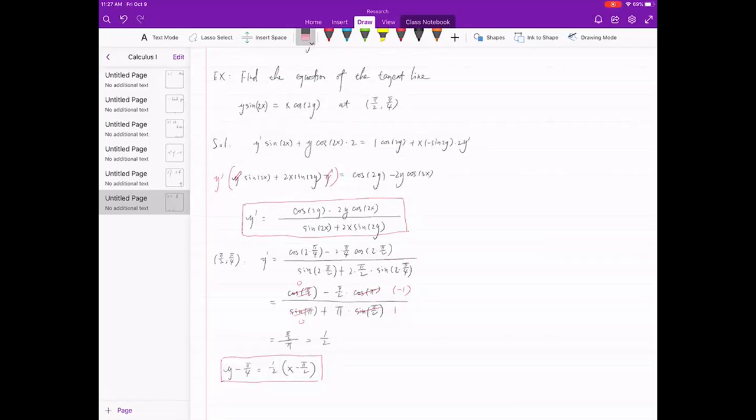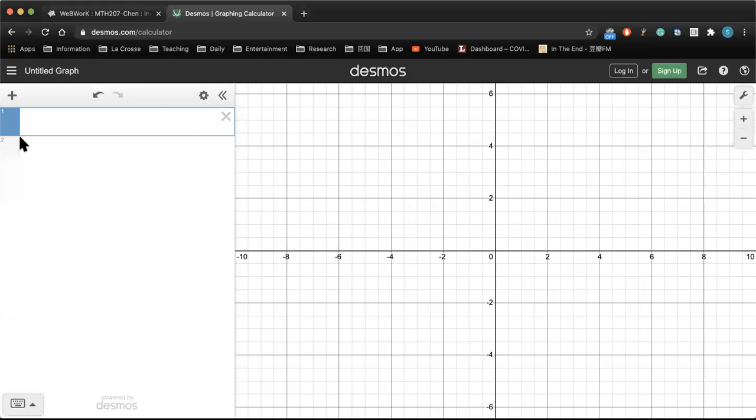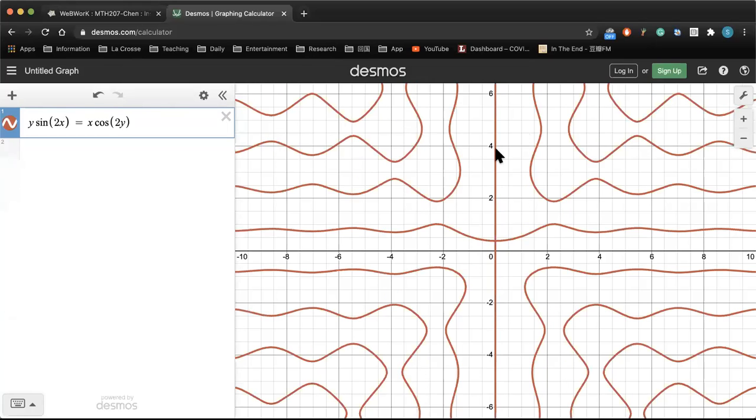Now, just a quick heads up. It's pretty amazing what we just did. We just found the derivative. Does it work? Well, we can type it in Desmos and see what kind of graph we have here. This is a really interesting graph.